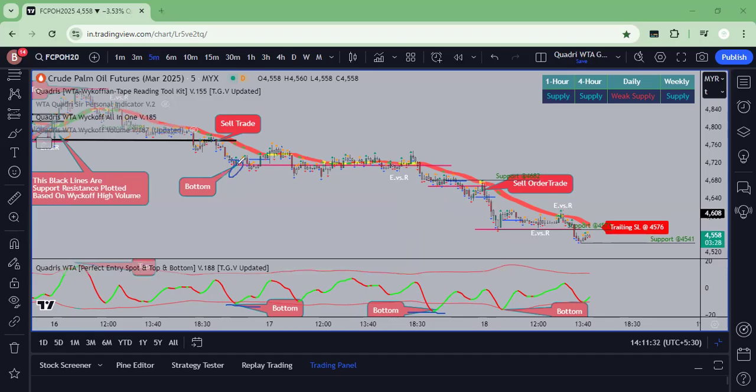Here we got a bottom, price went and bounced back from this particular level. Then we got an entry candle over here. If I initiate a trade here, either way I would exit at this particular candle or at this particular candle. Second, we only consider the first pullback. We don't consider the second, third, or fourth pullback.